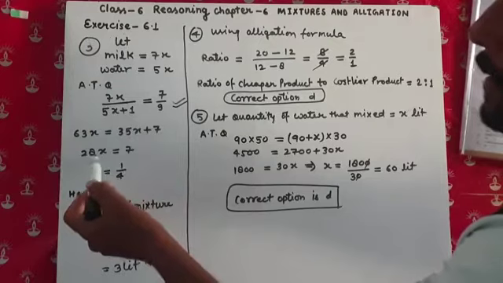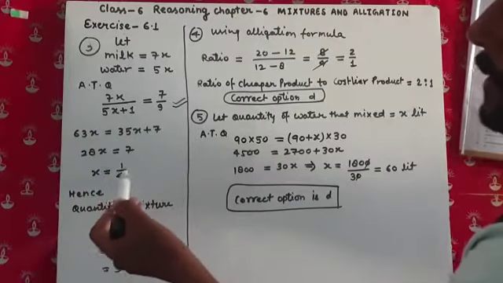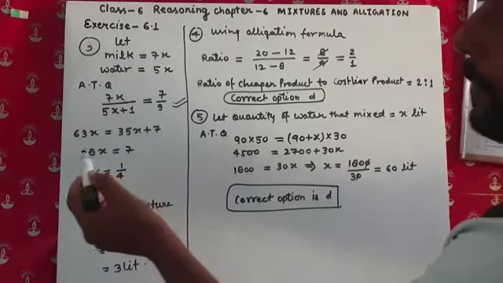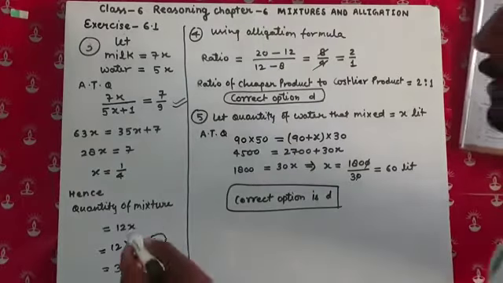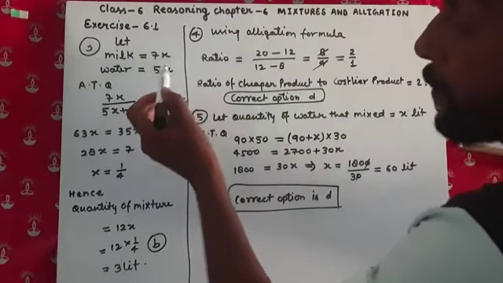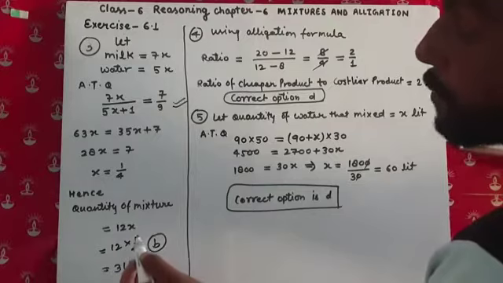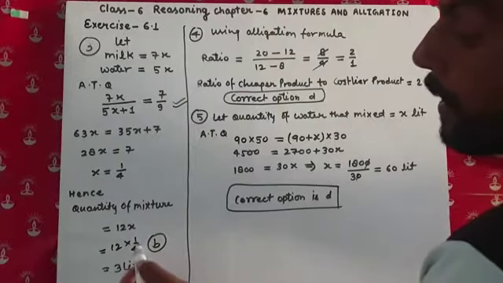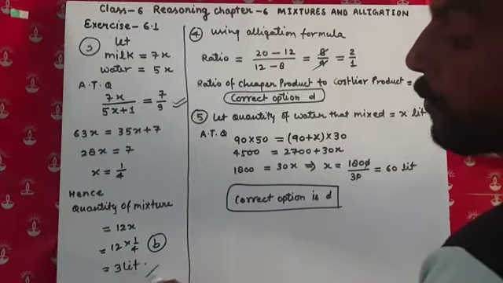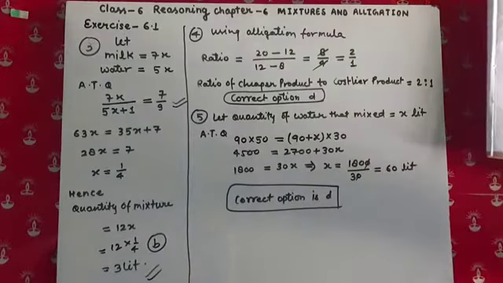So we are getting 28x equals 7, so x equals 1 upon 4, because 7 times 4 is 28. Hence the quantity of the mixture, 7x plus 5x, becomes total 12x. 12 times the value of x, 1/4, so the quantity of the mixture will be 3 liters. So option B is correct.